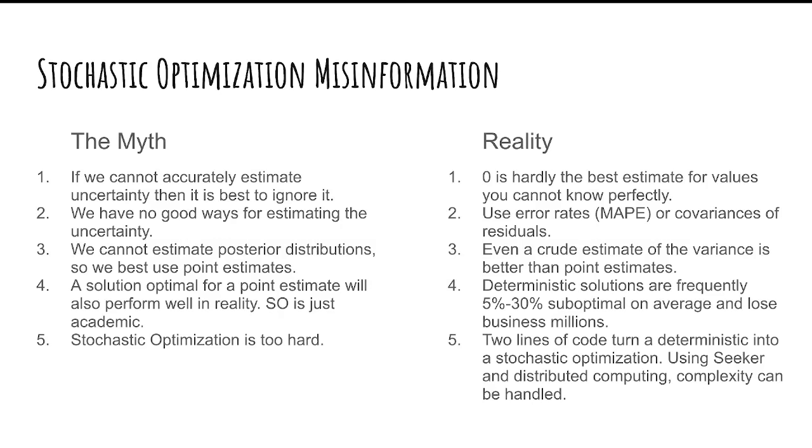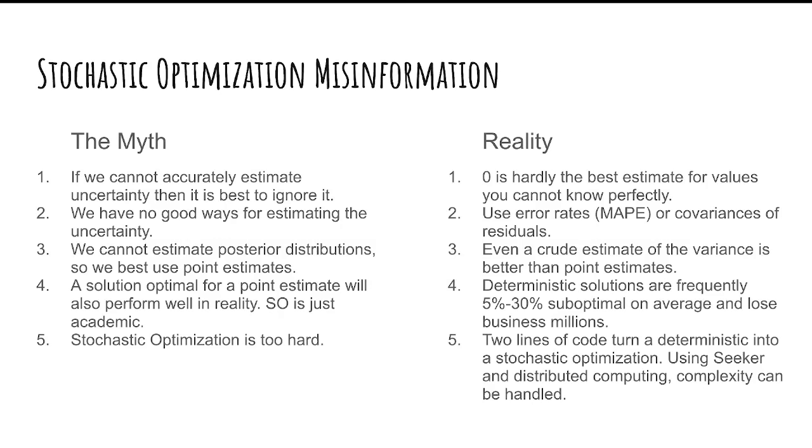And then the last myth that you're eventually being hit with is that stochastic optimization is just too hard. We don't want to bother. It's too complicated. We can't. Well, you saw it. 2 lines of code transform a deterministic model into a stochastic one. And then if you use a solver like Seeker, you can use distributed computing, because that is completely different from deterministic optimization, MIP optimization, where throwing more cores at the problem might actually deteriorate your performance as opposed to improving it.